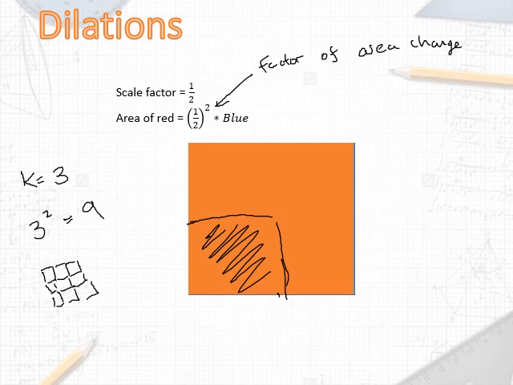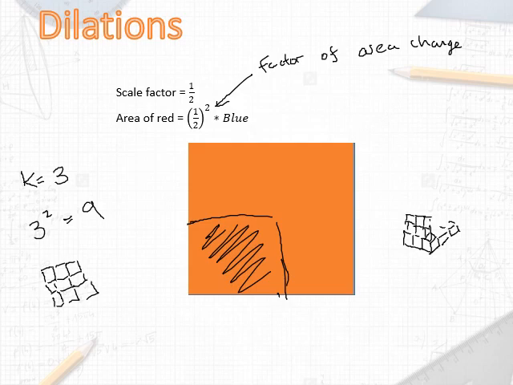Bonus points if you can tell me what happens when we go 3D and we cube something. Say we had one little cube and we do a scale factor of 3. Now you've got 3 across the bottom on either side, plus you're now going up 3 on each one.